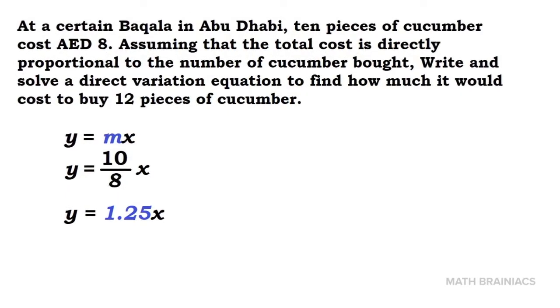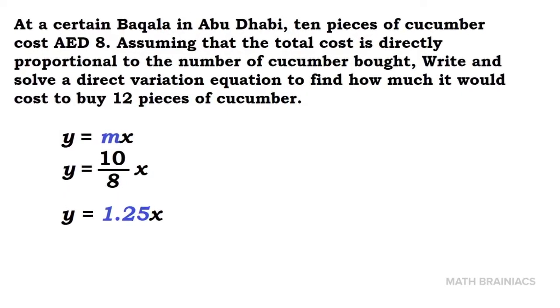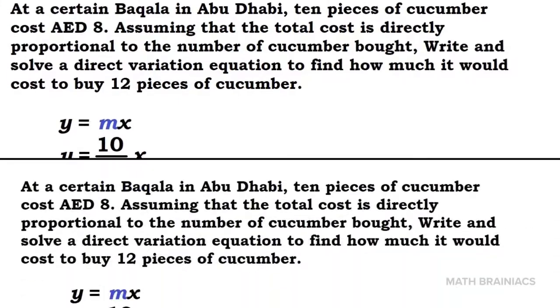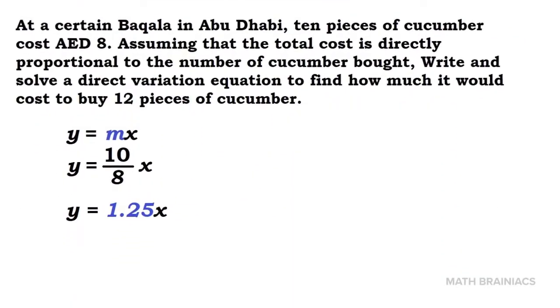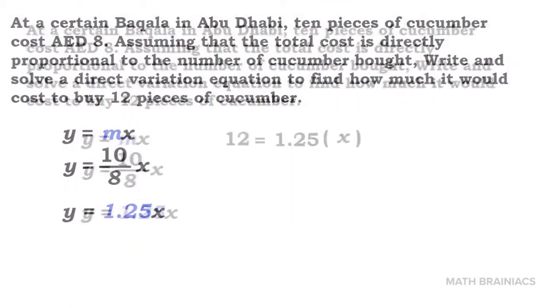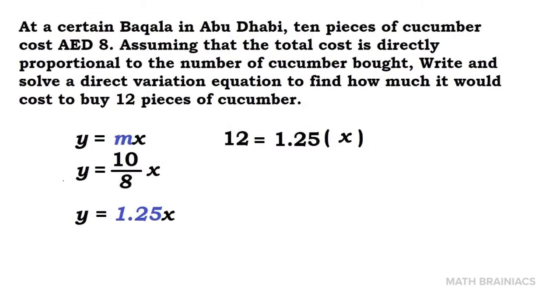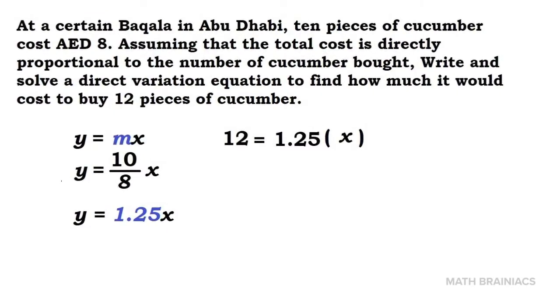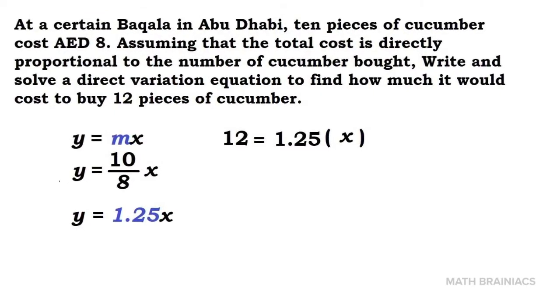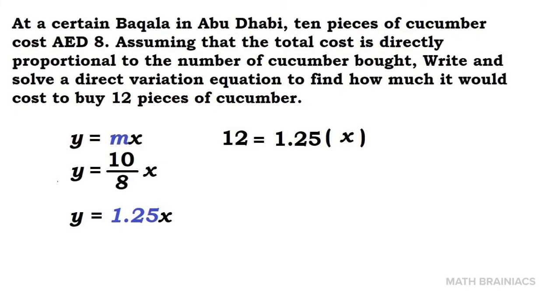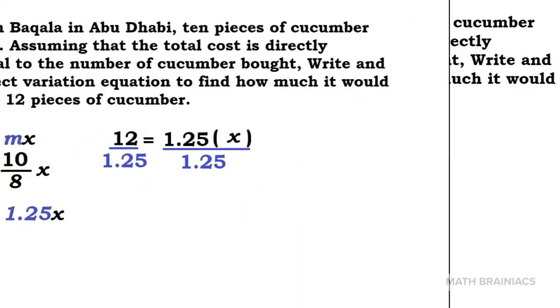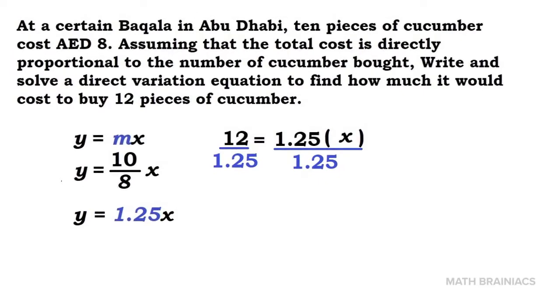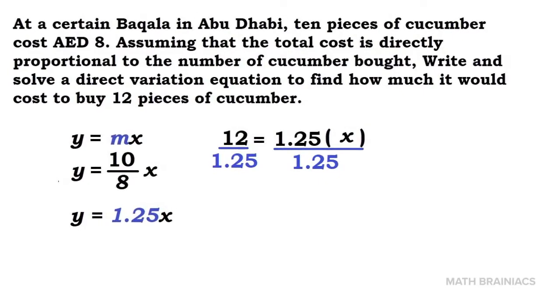To simplify the equation, it will give us y is equal to 1.25x. This is the direct variation equation. We need to find how much it would cost to buy 12 pieces of cucumber. Accordingly, 12 is equal to 1.25 times x. To solve for x, we're going to divide both sides by 1.25.